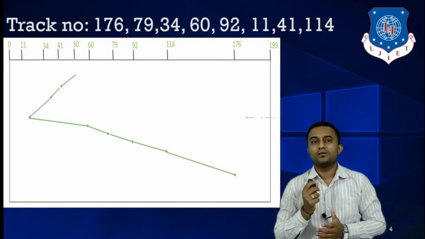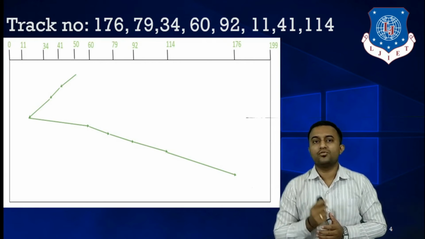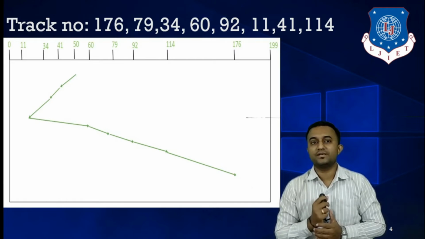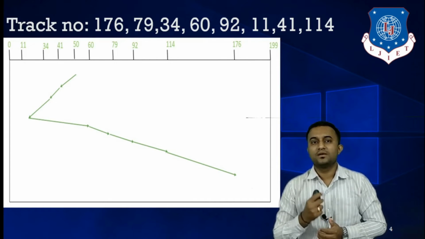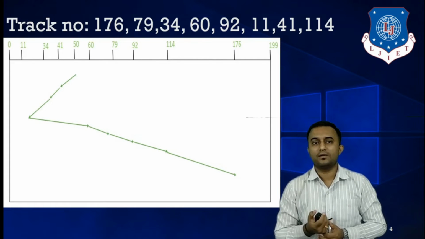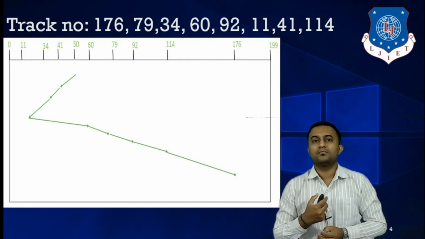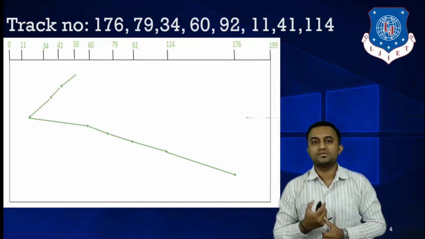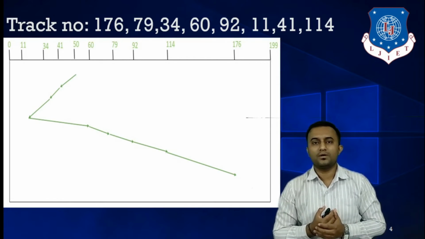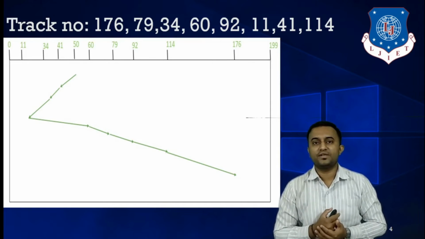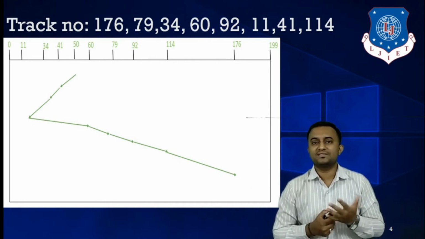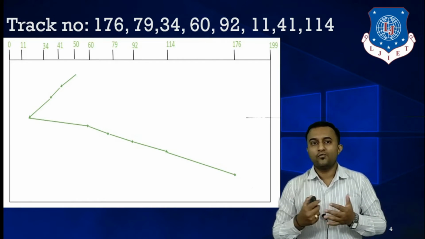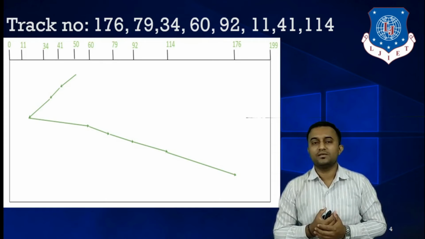If you calculate the difference between 176 minus 50, the difference is definitely larger as compared to other track numbers. 79 minus 50, again it is larger. 34 minus 50, again it is larger. 60 minus 50, again it is larger, because we have one more request which is closest to the current head position. 92 minus 50, again it is larger. 11 minus 50, again the distance is larger. 41 minus 50 is the smallest one, because 114 minus 50, if you calculate, is again larger.